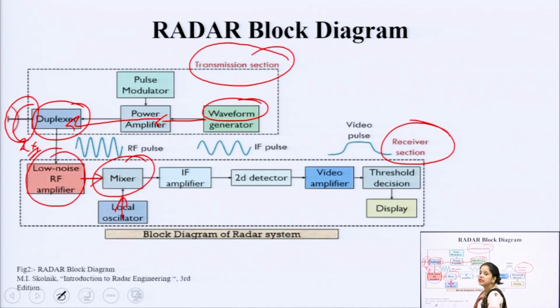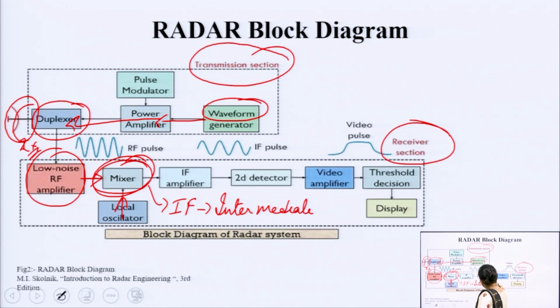Here the signal from the local oscillator combines in the mixer and generates the IF signal, or intermediate frequency. And this is the IF amplifier, which will amplify the signal because the power of the intermediate frequency is very low.